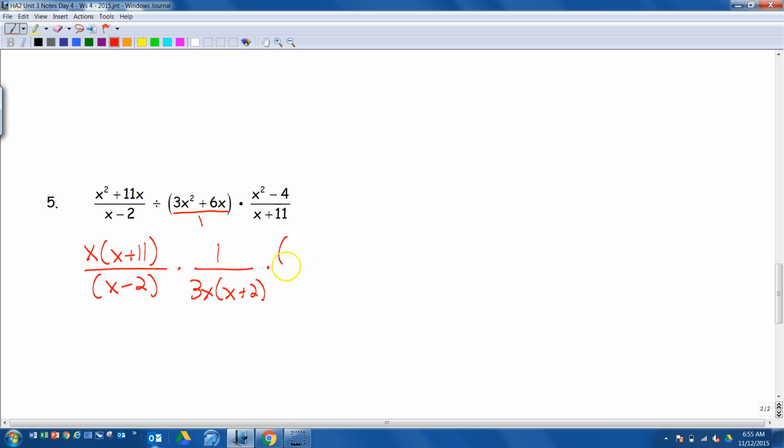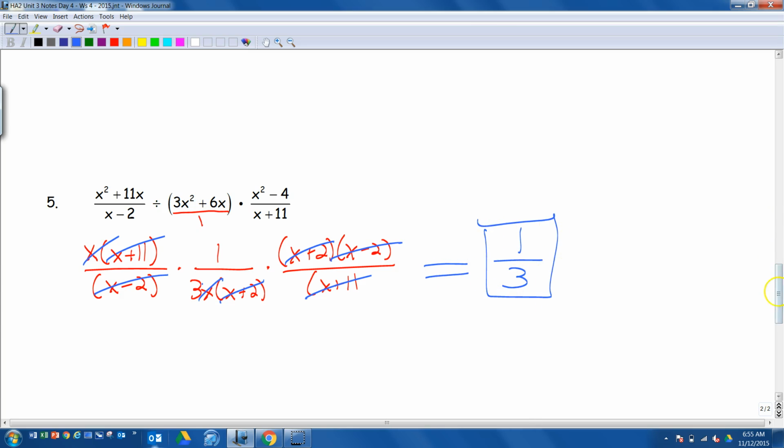Then you multiply and you can factor the top. Okay, and since they're all multiplication, you can just cancel what we need to. X plus 2's go away, x plus 11's go away, x minus 2's go away, the x's go away. So I'm left with a 1 on top and a 3 on bottom. Nice.